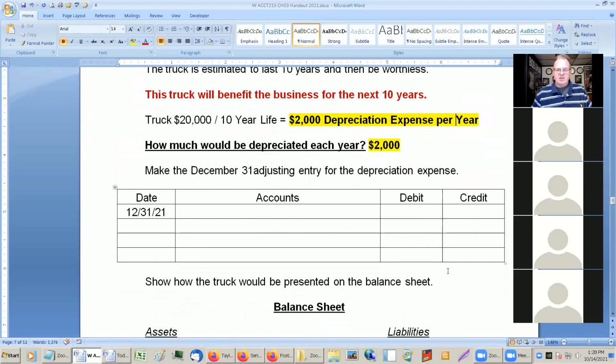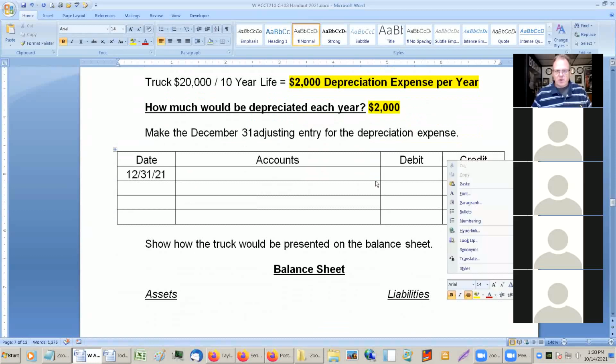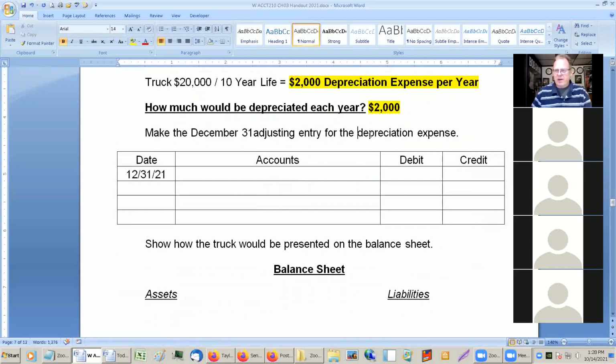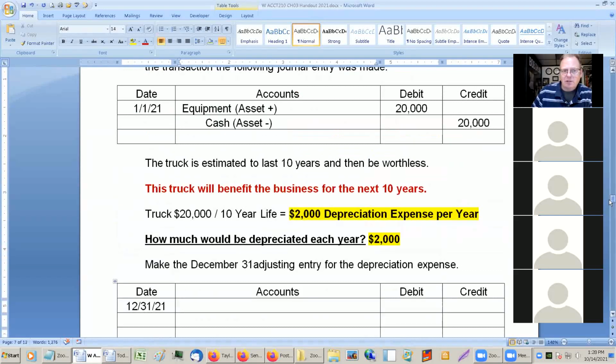Okay, this is where it gets wacky, and we actually had this a little bit in chapter 4. We're going to have a depreciation expense. Now, we're using up $2,000 worth of this truck. It was purchased on the first of the year, so we use it for the entire year, 2021.